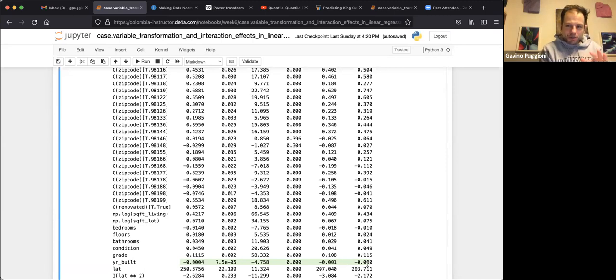Imagine that the richest people live in the south of the city, then it would make sense to also add a linear term. Sebastian, do you have to include the variable in level and the interaction, or just the interaction? Always include, it is recommendable to include the variable in levels as well.